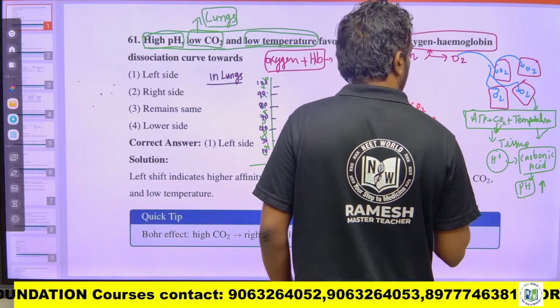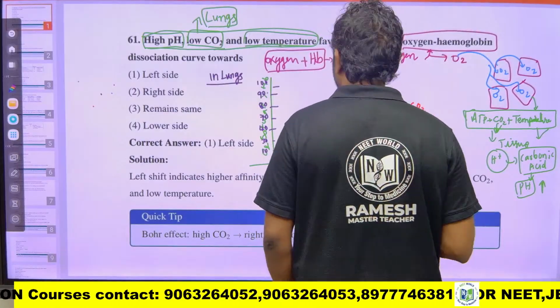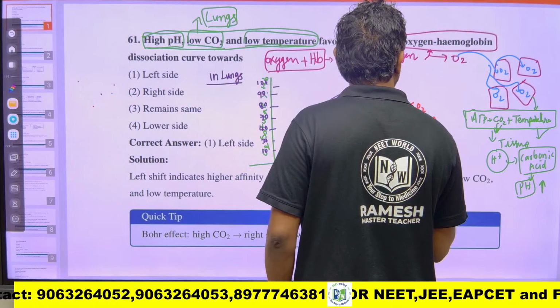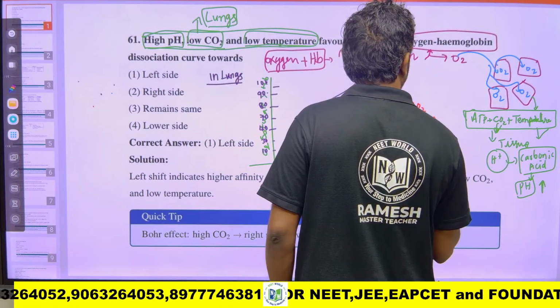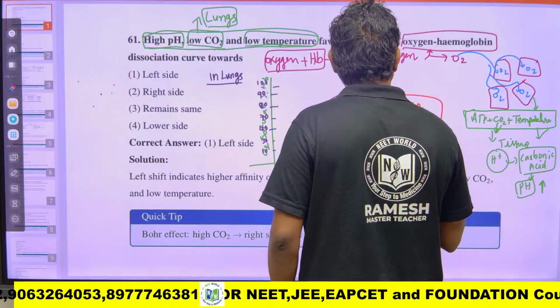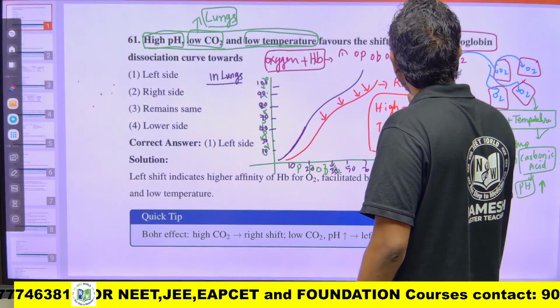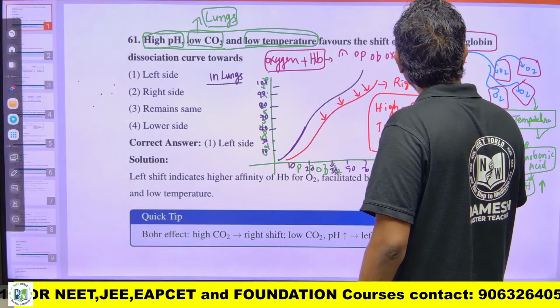There is also low pH, meaning acid is released. Under this condition the sigmoid curve shifts rightward in the tissue.